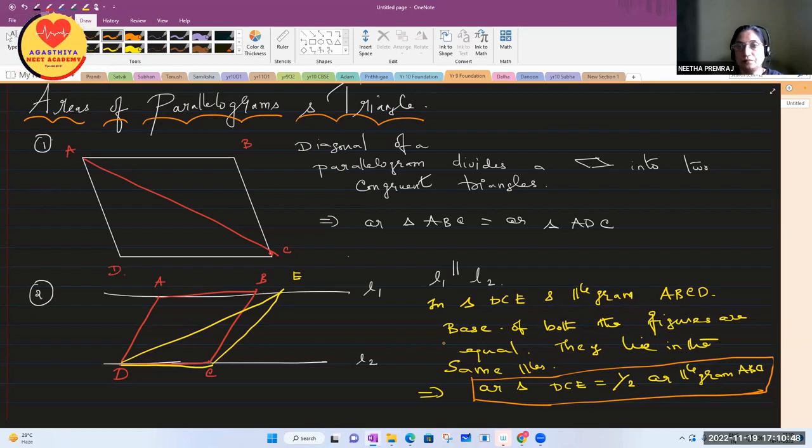Copied? No, ma'am, last line. Okay, fine. Take your time. Guys, can you understand my handwriting? Yes.